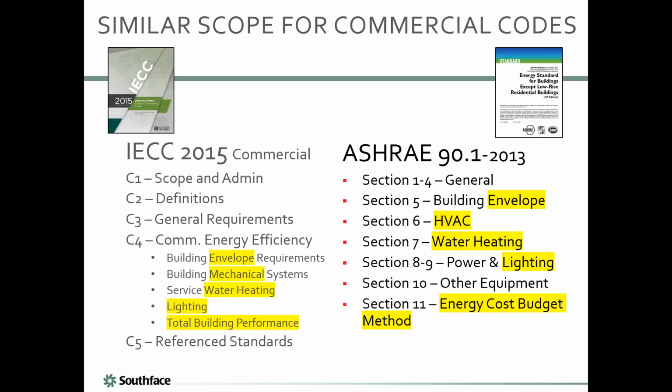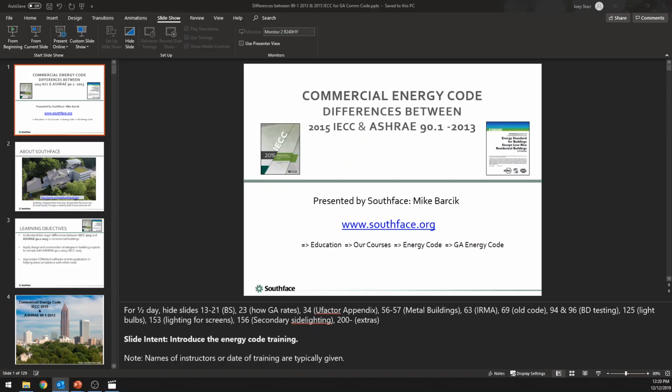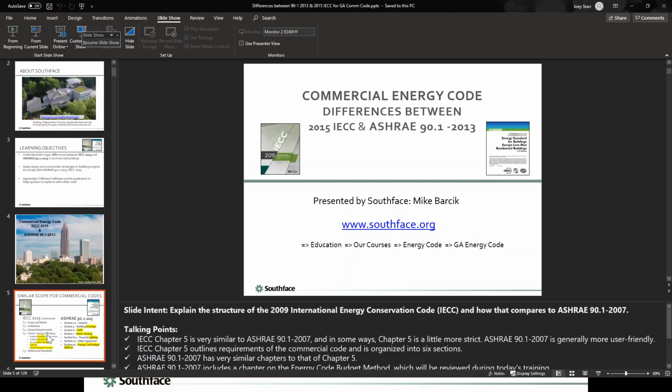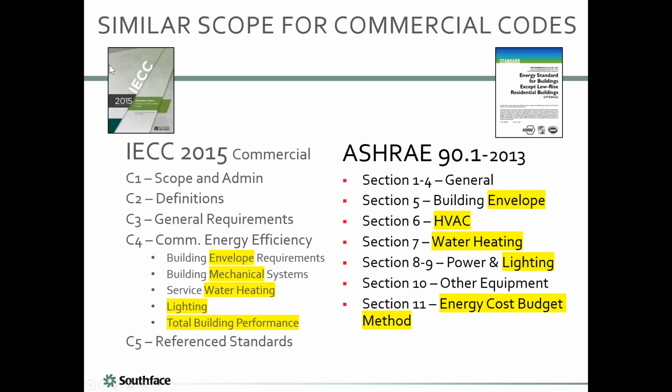Most of the meat and potatoes of the Commercial Energy Code in the IECC is the envelope requirements and the mechanical and the water heating and lighting, and they're all under Section C4. Both of these codes offer an option that if you can't show compliance with the prescriptive code or with a simple trade-off using ComCheck, you do have an out, and that's an energy simulation model.